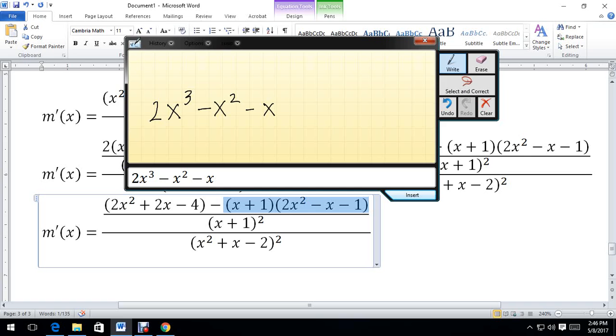Then plus, let's multiply 1 with the rest of the trinomial. Since this is only times 1, we simply copy the rest of the solution. Alright, so we just copy 2x squared minus x minus 1 in our solution.